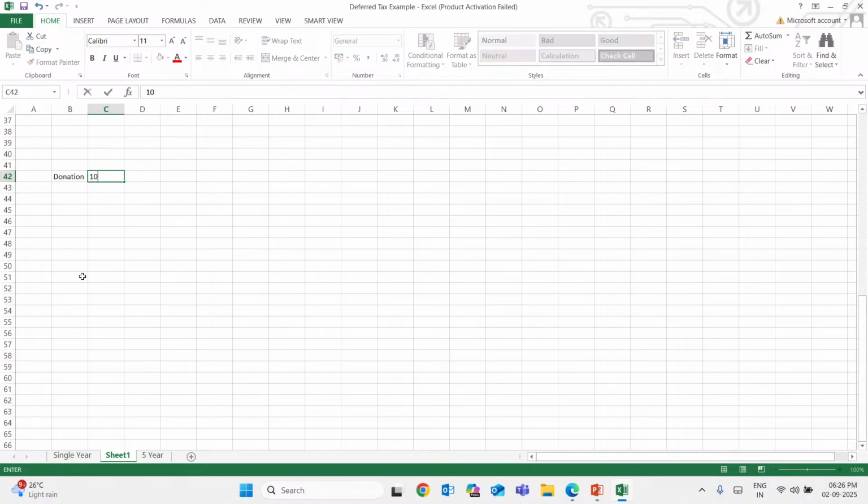One lakh. Right, and we have tax, you can say 2 lakhs. So now the 1 lakh is fully deductible under that from the taxes.